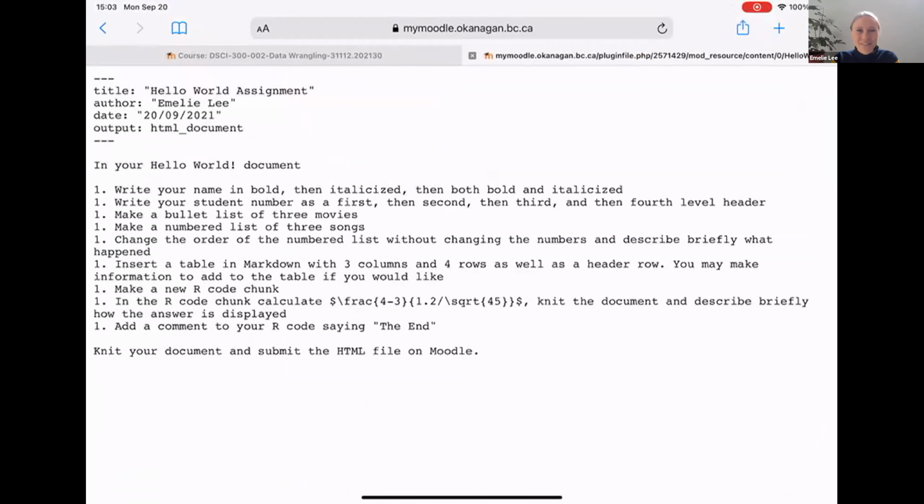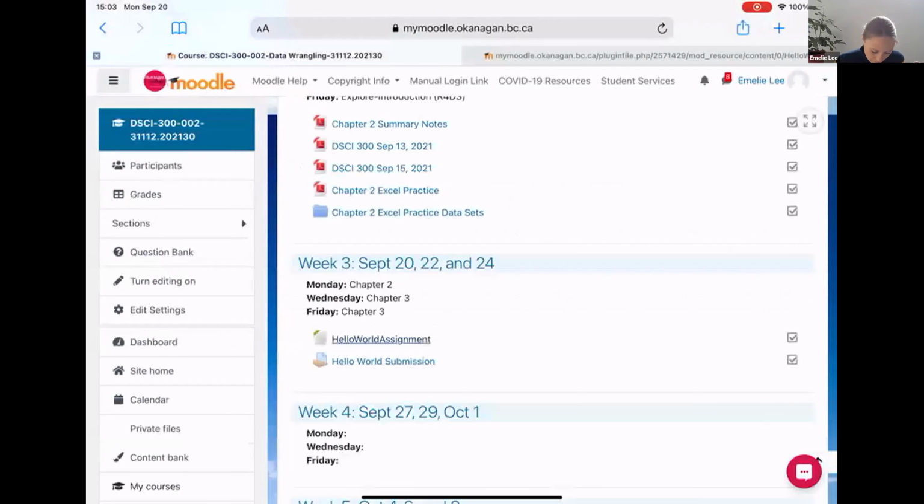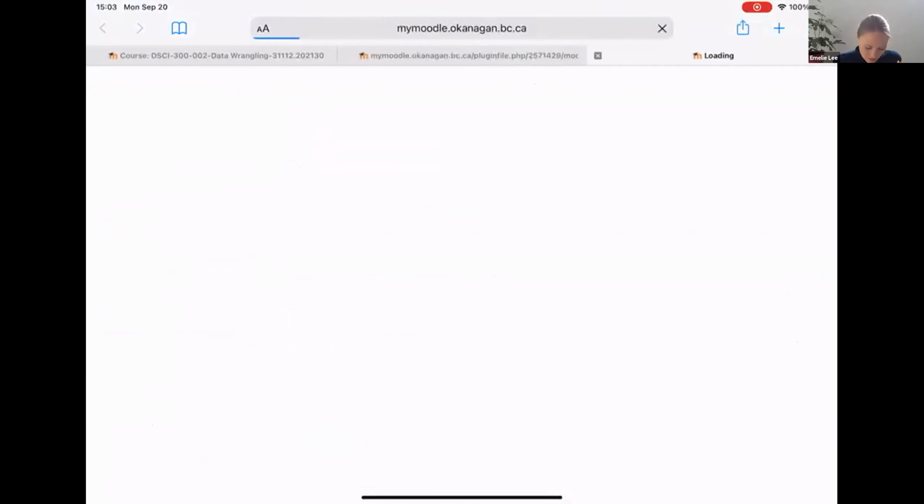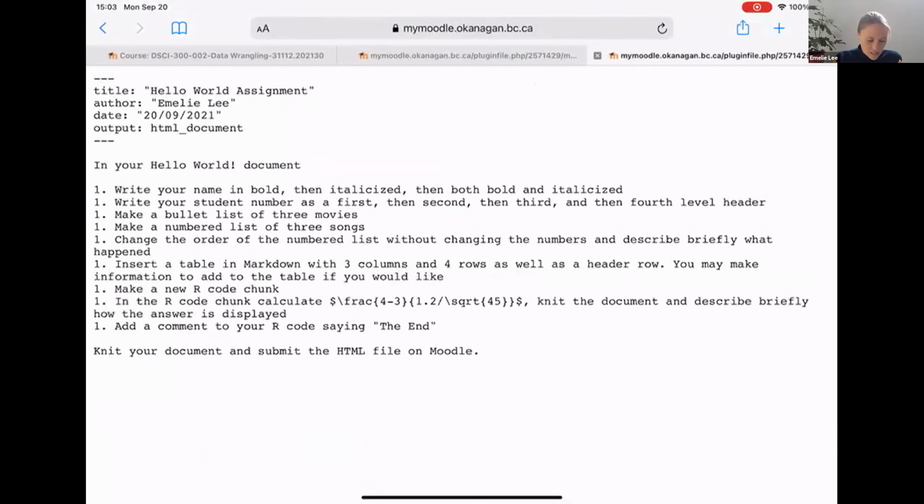You'll notice what happens here. I posted a little RMD document, but Moodle can't seem to handle it. I don't know how to change that. And so that's okay. When you click on the assignment, and I think you'll find that it's relatively easy, it takes me to just this text file.